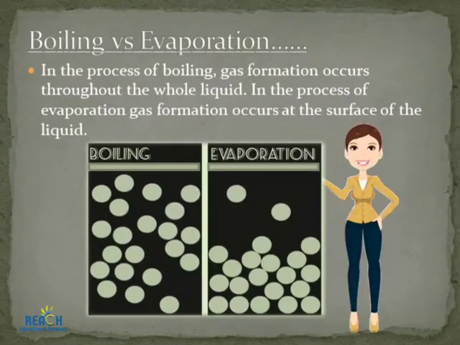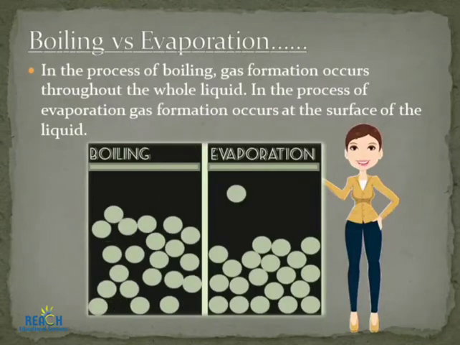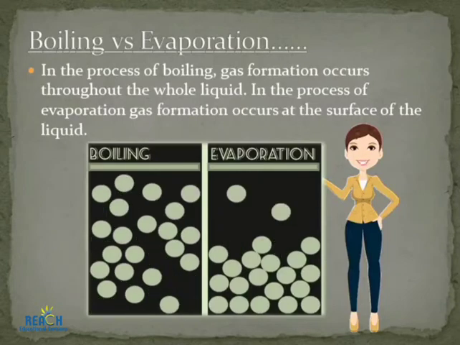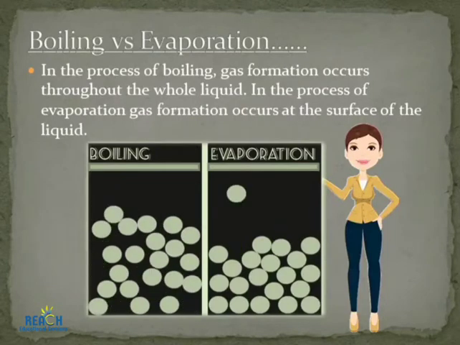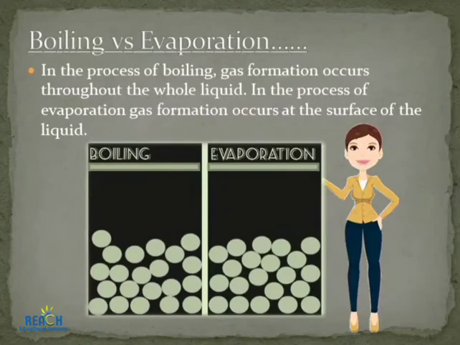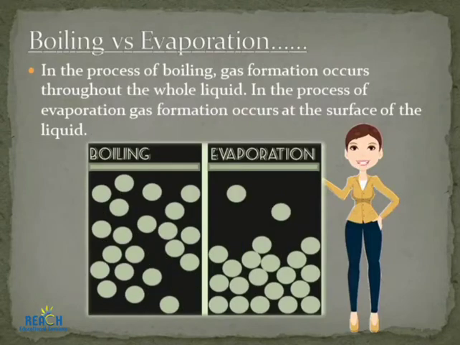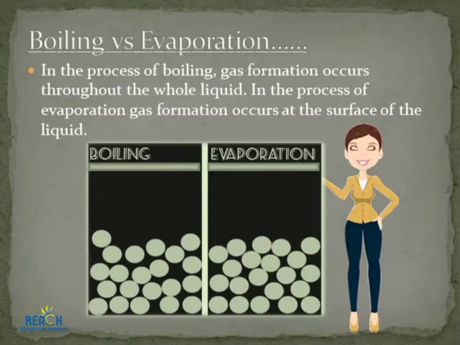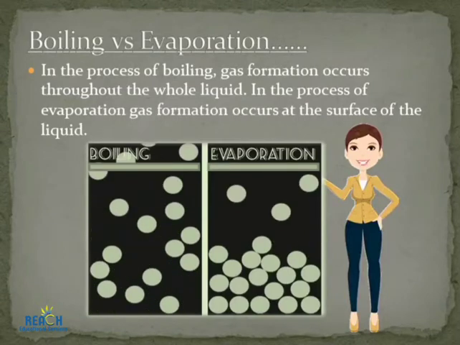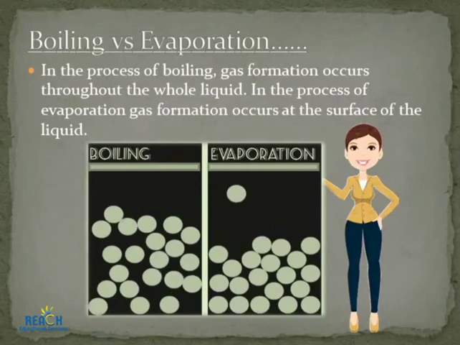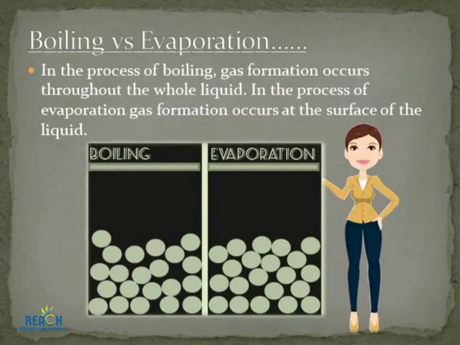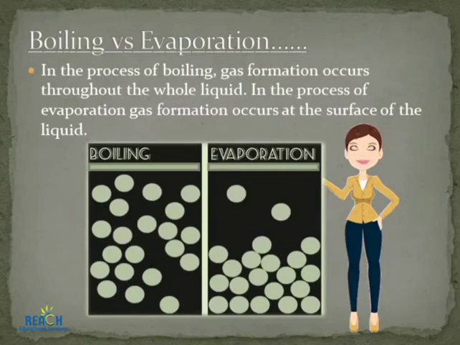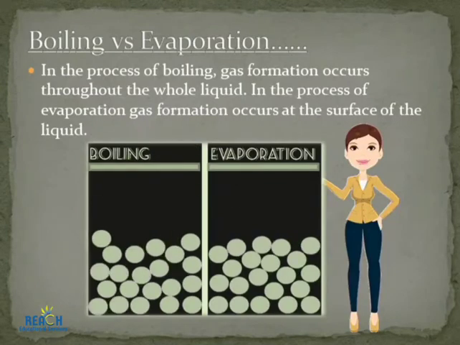Because these particles will have increased kinetic energy, they will start moving faster and they will move from liquid state to gaseous state before the particles that are at the top. Consequently, bubbles of gas will form in the liquid and these will rise to the surface and escape into the air. Boiling, therefore, has gas formation occurring throughout the liquid.